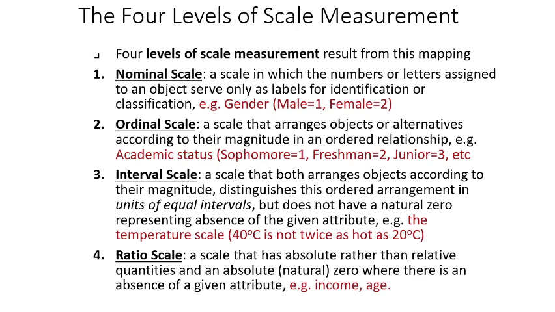In simple words, a ratio scale is a scale that can go beyond, like infinity. You can continue from 0 to infinity. That's the ratio scale. And you can also calculate 1.5, 2.5 like that. 1, 2, 3, 4, 5. This is all your scales.